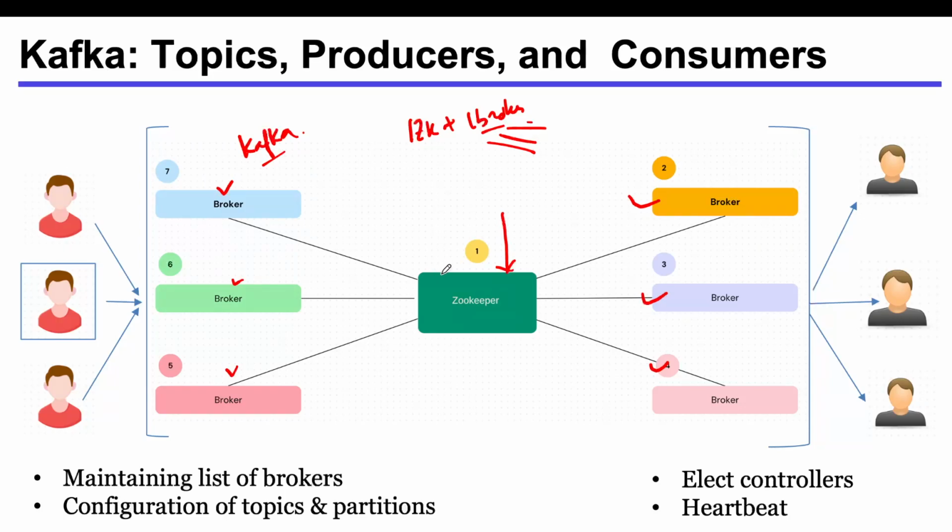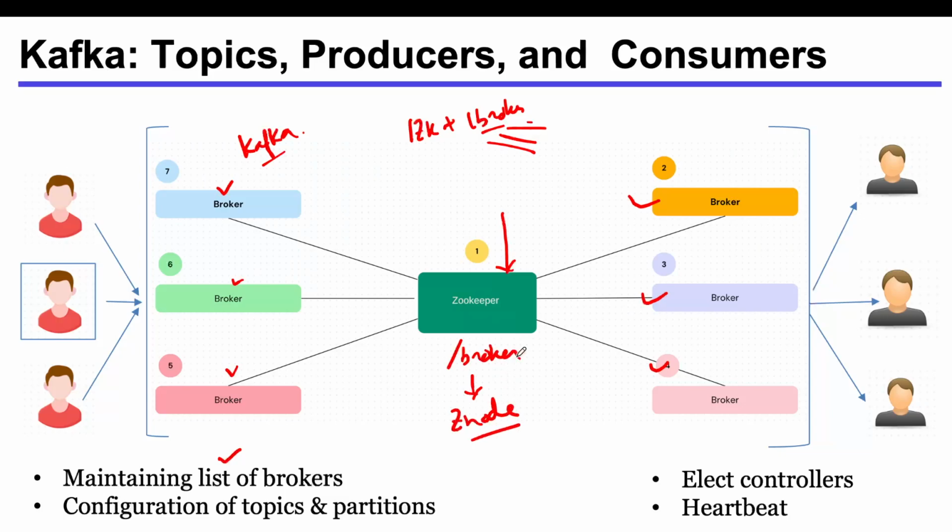The zookeeper's role is to maintain the list of the brokers. Suppose we have six brokers, 1, 2, 3, 4, 5, 6. All this information is going to be stored here. For example, there is a directory created in zookeeper, called a znode.